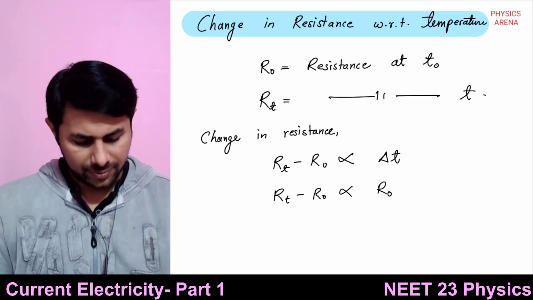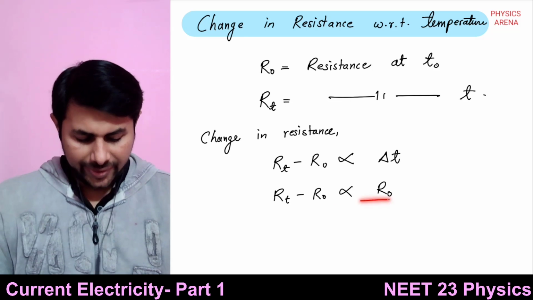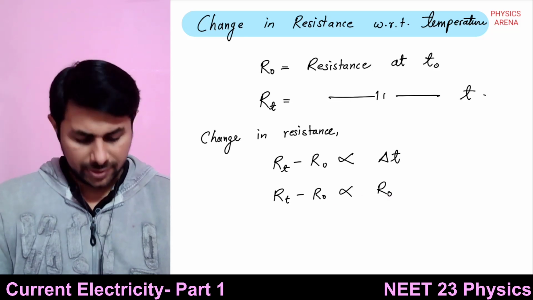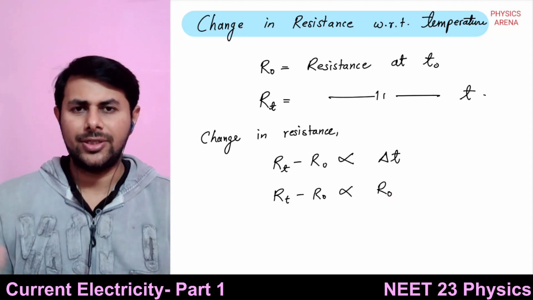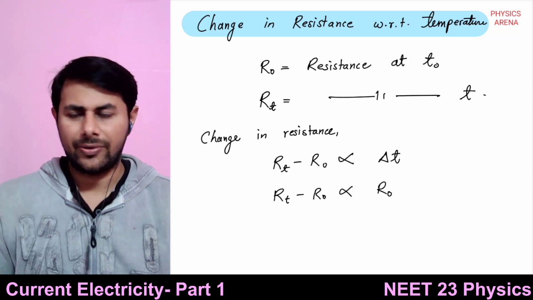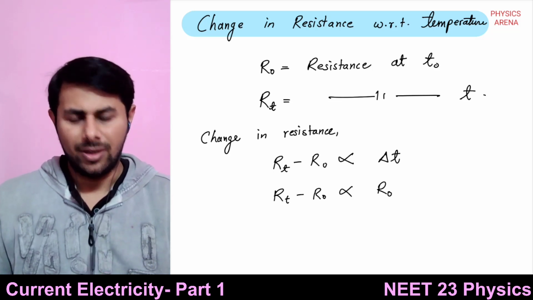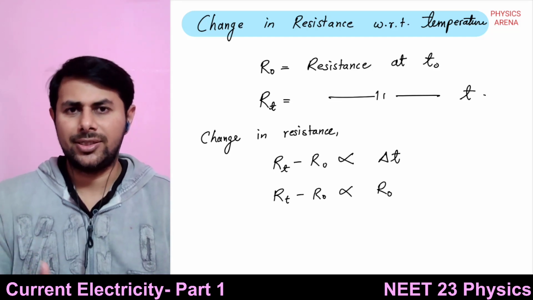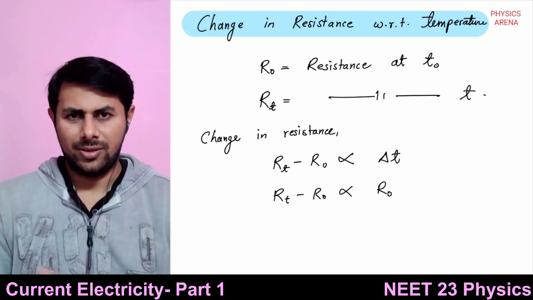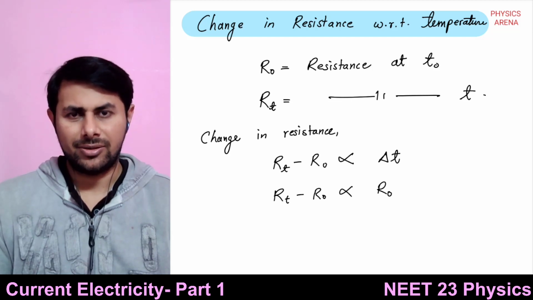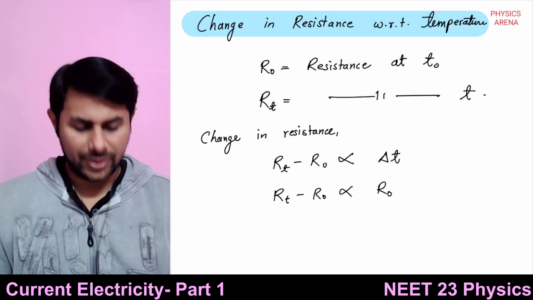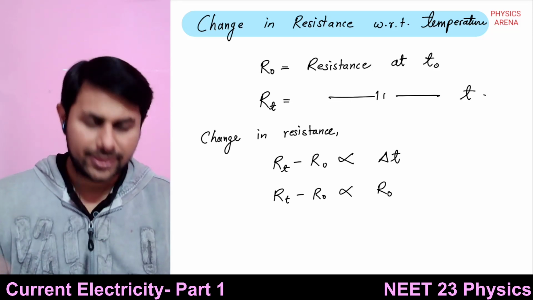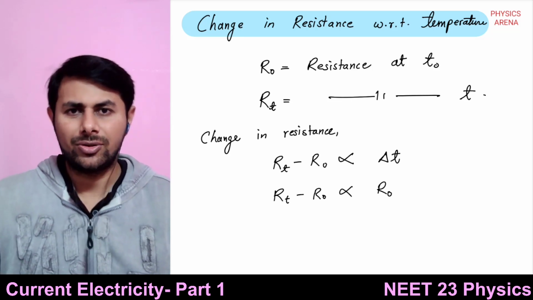Because if the original resistance is, let's suppose, 10 ohm, and the increment is 1 ohm, then if the original resistance was 20 ohms, there will be some percentage increment which would be equal. So if the original resistance is 20, it will increase by 2.